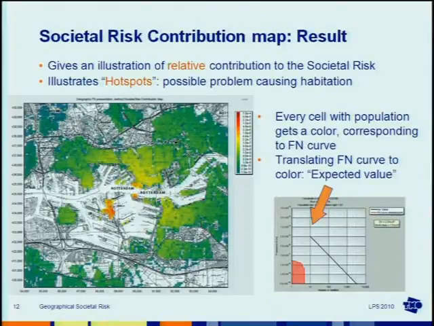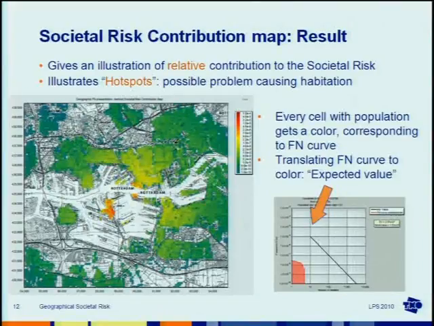By taking the surface beneath the FN curve, often referred to as the expected value, and using this value as an indication of the societal risk over there, you get a societal risk map where every color corresponds to a specific expected value.